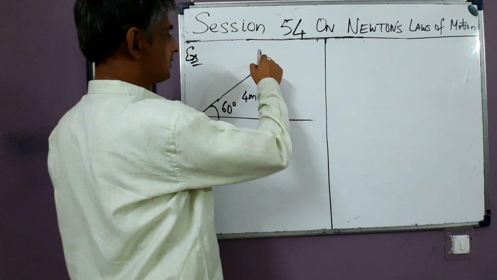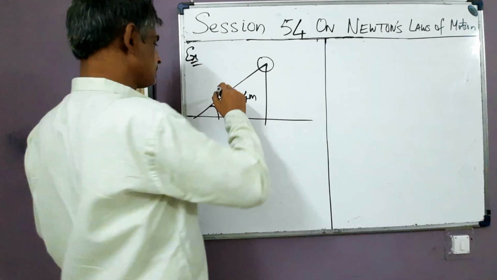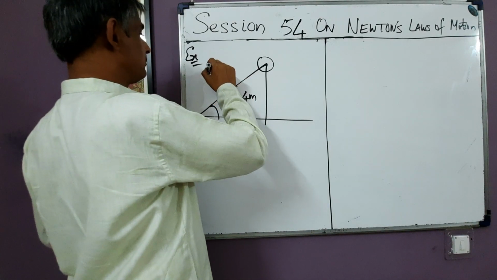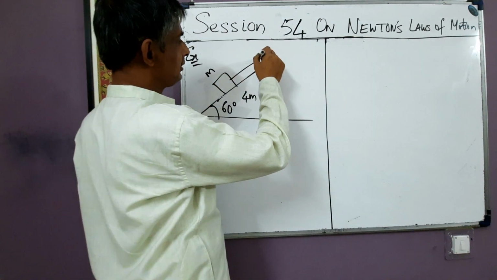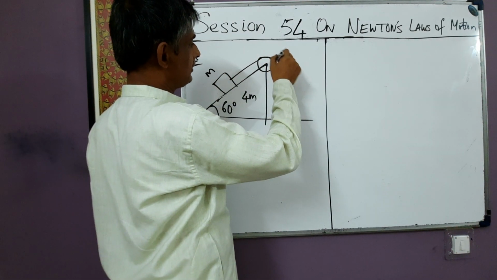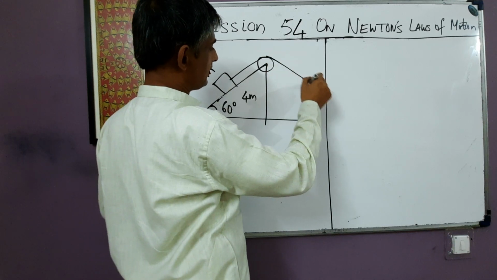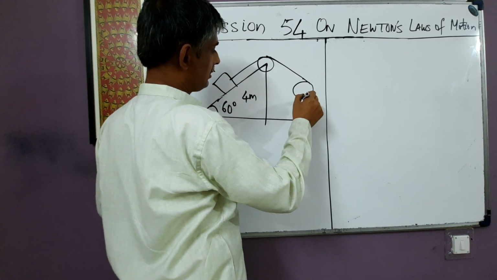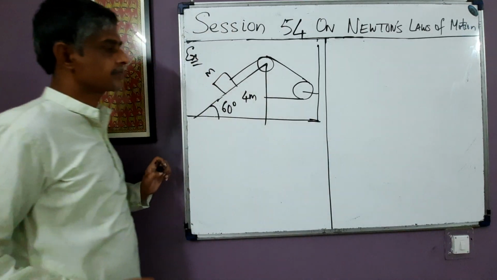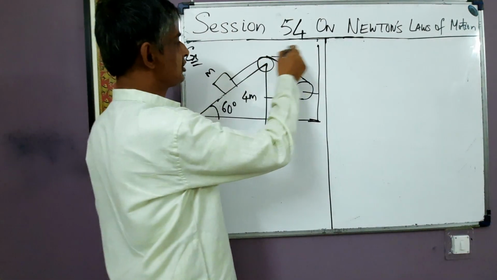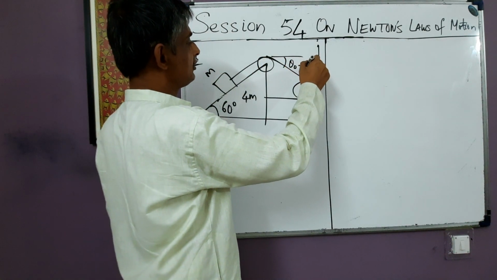Here there is a massless pulley fixed to this wedge. Here there is a block of mass m. Here there is a string which passes over this pulley. And this string then comes here like this, and then like this. See, this initial angle is theta naught. It is given to be 30 degrees.